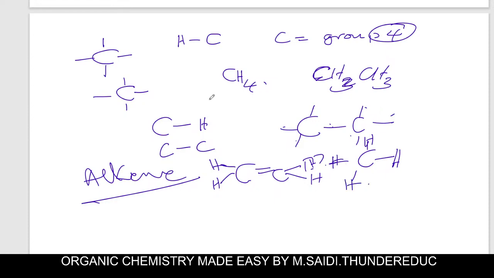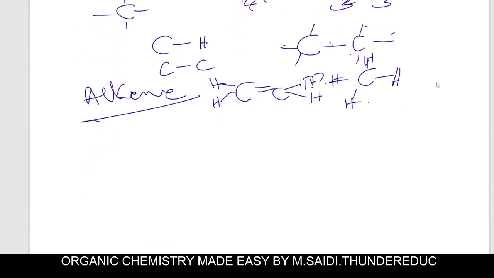So that now when you count this, it becomes C. If you are condensing it, CH2, CH2. So that's how you can know that this is an alkane, or this is an alkene.